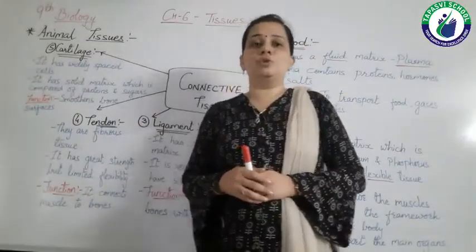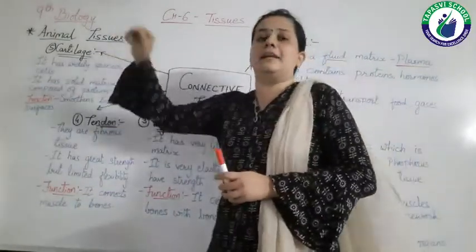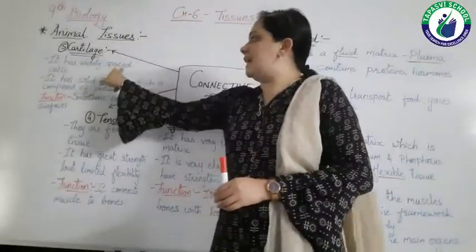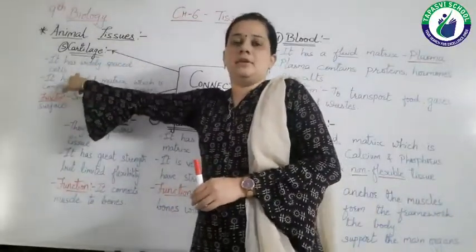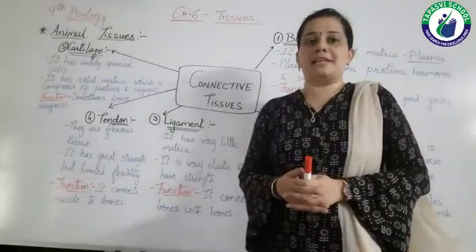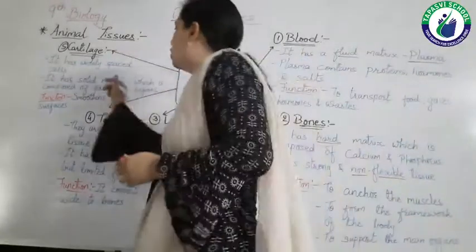Now let's move towards the fifth connective tissue, that is cartilage. Cartilage has widely spaced cells. It means there is a lot of matrix inside the cartilage. Here the matrix is solid.